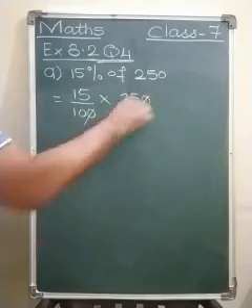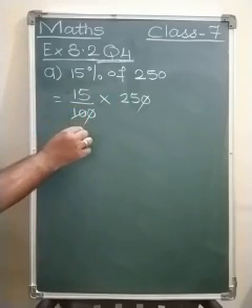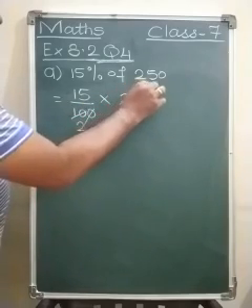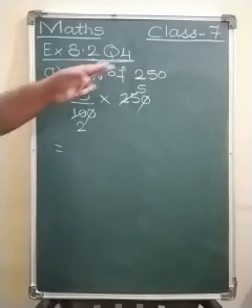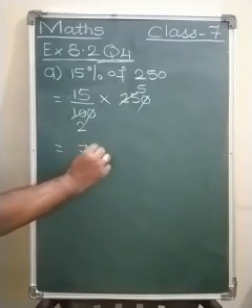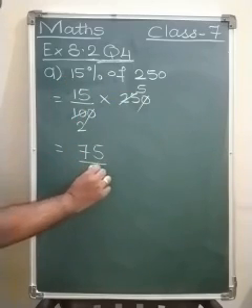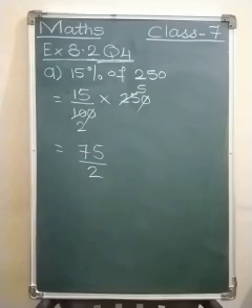This 1 0 gets cancelled. 5 2s are 10, 5 5s are 25. This equals to 15 5s are 75 upon 2. Again the same answer we got, 75 upon 2.